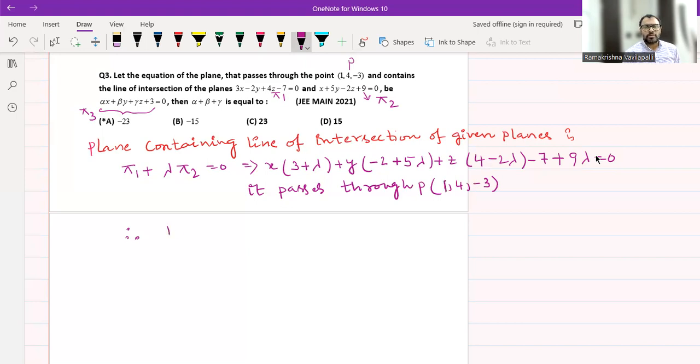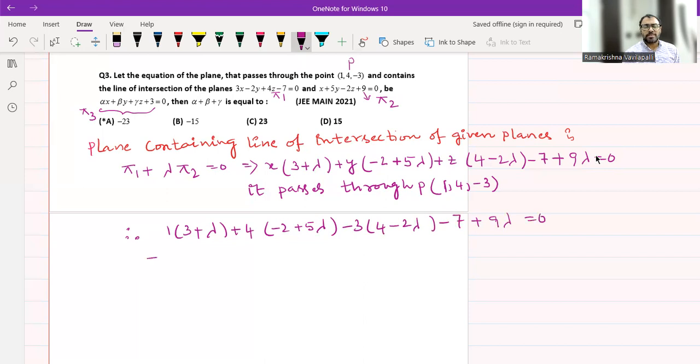So 1 into (3 plus lambda), plus 4 into (-2 plus 5 lambda), minus 3 into (4 minus 2 lambda), minus 7 plus 9 lambda equal to 0.